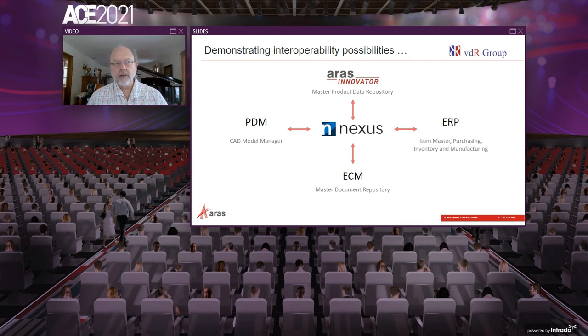And then oftentimes, and we're seeing this more and more, is the fact that ECM, Enterprise Content Management, is being used to support the master document repository, right? This is the theme of potentially SOPs, contracts, specifications, etc. So the key question here is, how does this all work together?